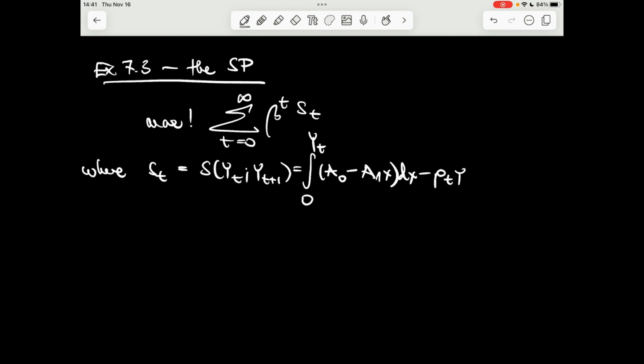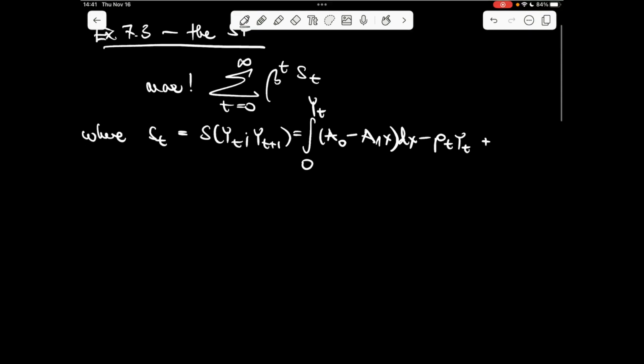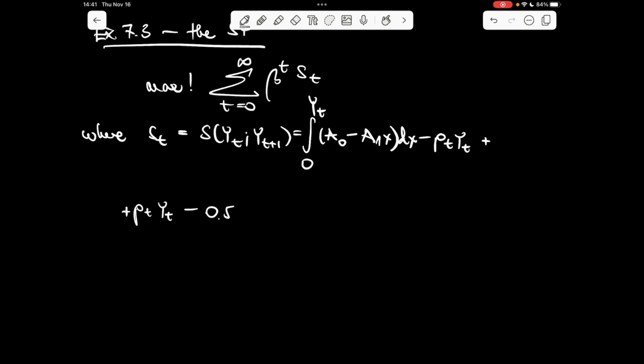So this is the difference of the area under the demand function and the expenditures of the household. This is the takings of the firm, and these are the costs.